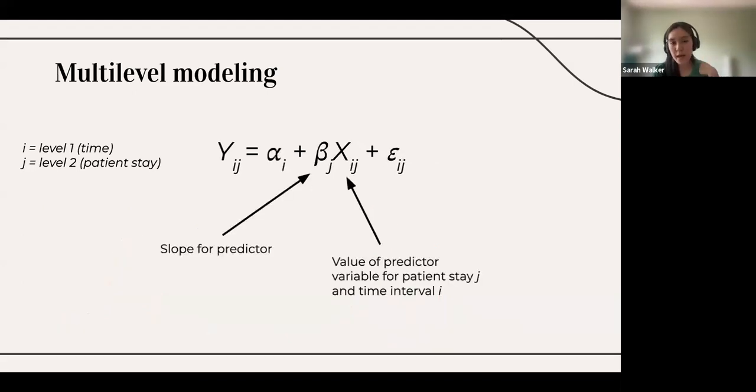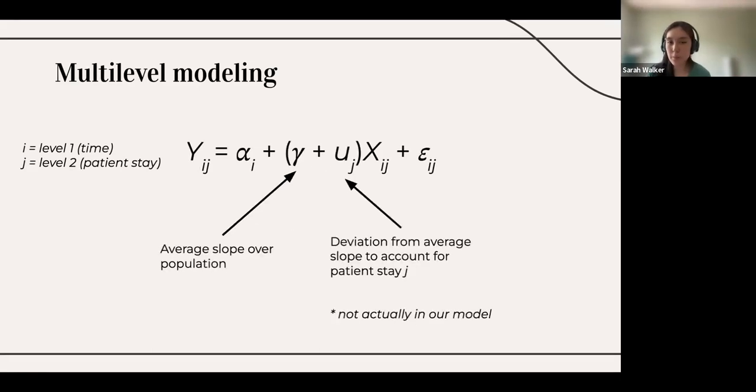So similarly, we have slopes for all of our predictor values, and we can split them up into 2 parts the same way, with an average slope and a deviation from the average to account for some patient stay.